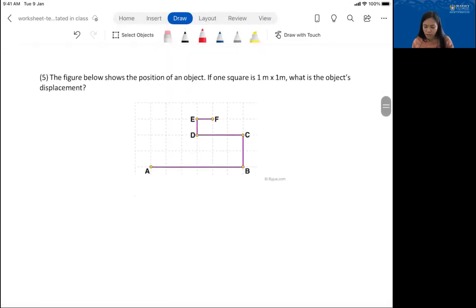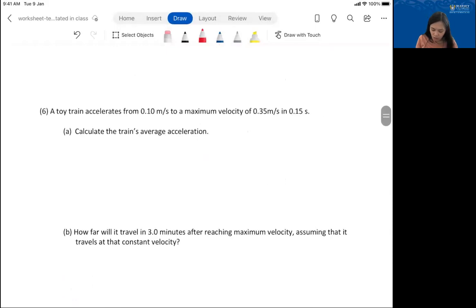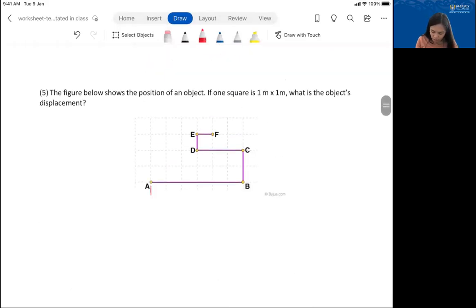Okay, the next one here, we're given the positions of the object. So the object started from A. Let's say this is the starting point. And then it went to B, C, D, E, and finally ending at F. And the question asks us, what is the object's displacement? How far away is it from the starting point?